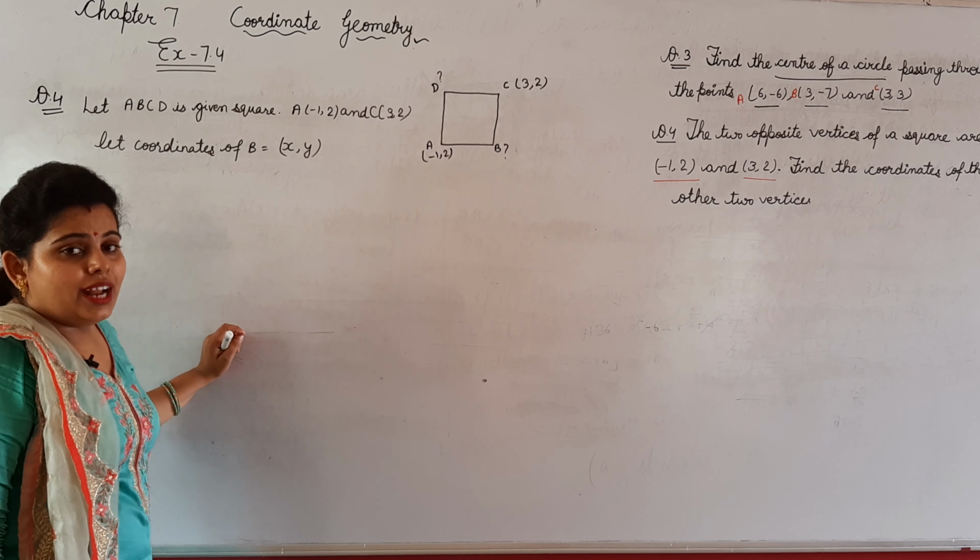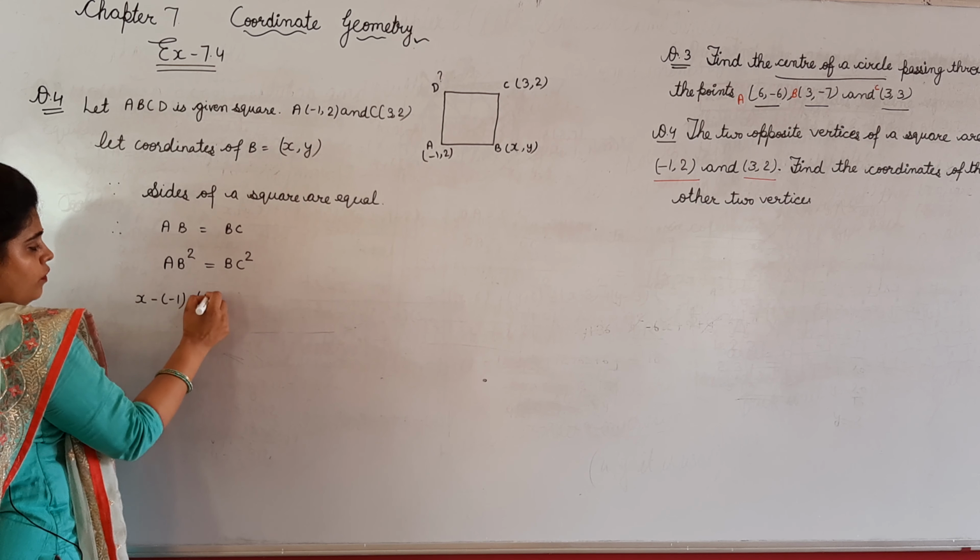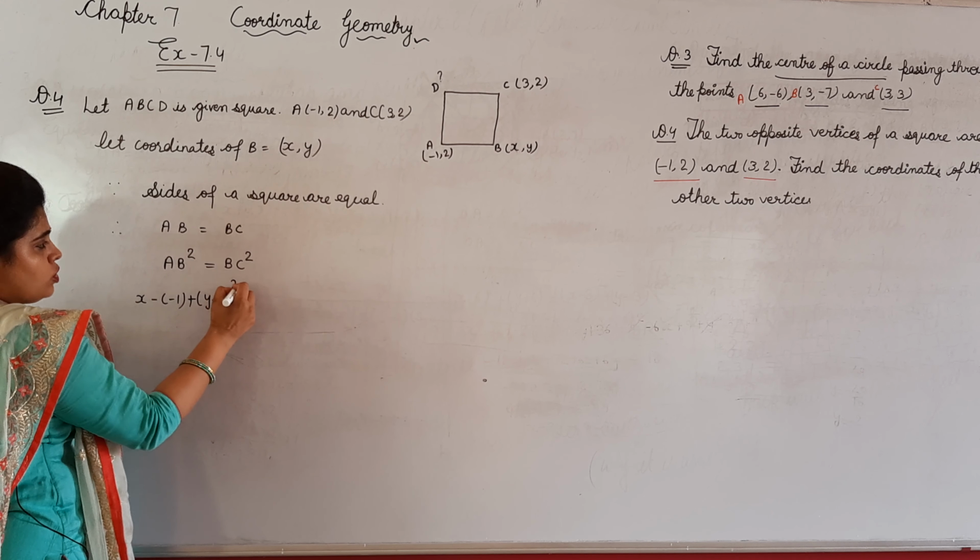Now if AB is equal to BC, then AB square will equal to BC square, as we have done in previous question. So how we will find AB square? Using distance formula, (x minus -1) whole square plus (y minus 2) whole square.